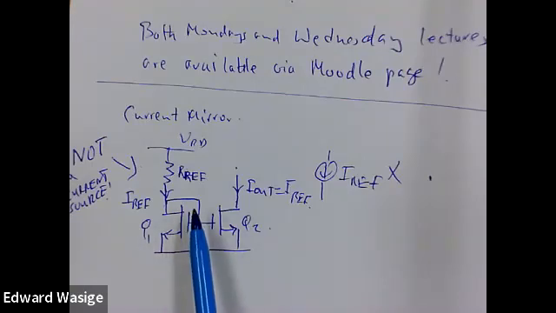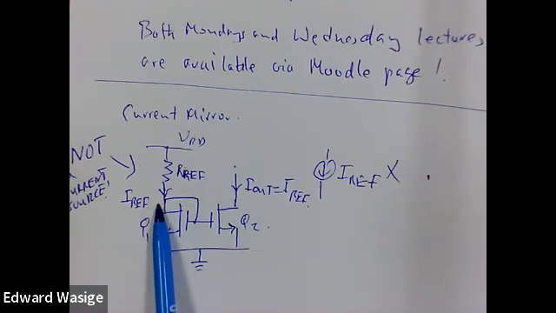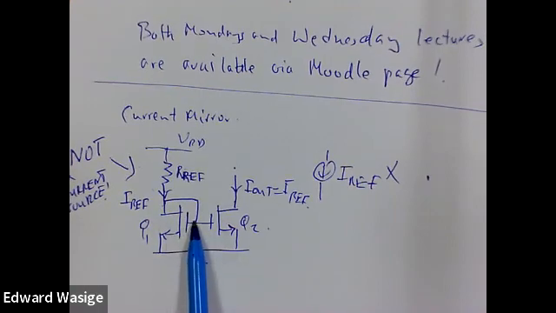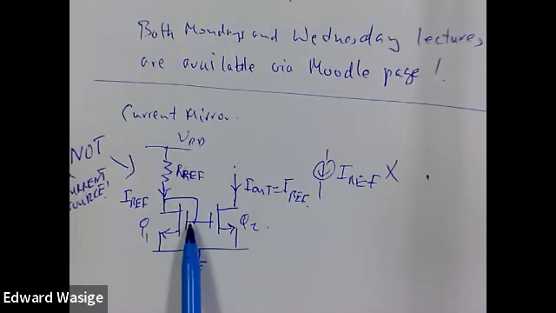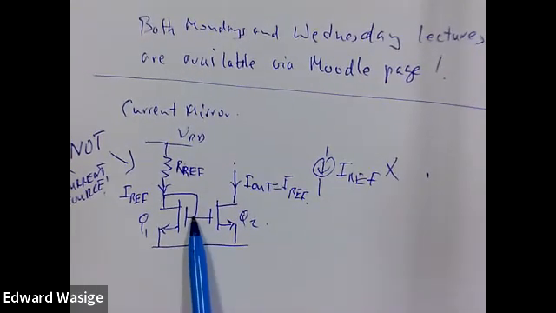So that's 1 thing I'd like to clarify. The second thing, from the email: in one of the sessions, one of you wondered whether, if the D to S connection is not there, it still acts as a current mirror. I think I said yes, and that's probably wrong. Not probably.